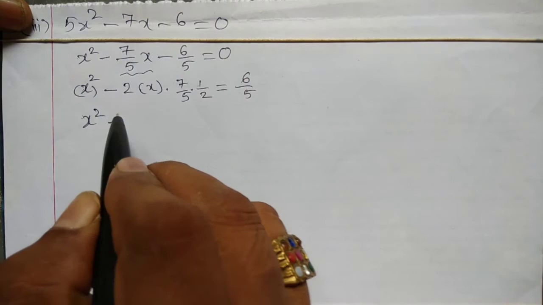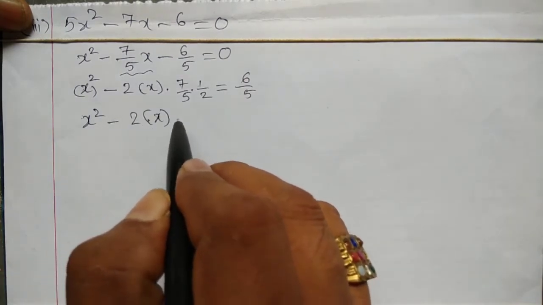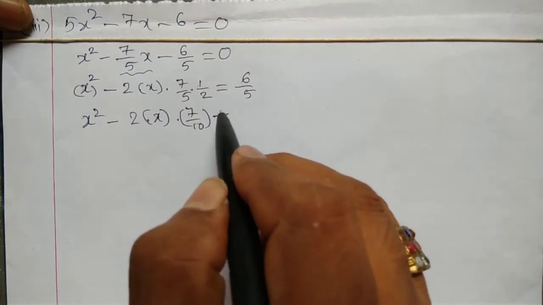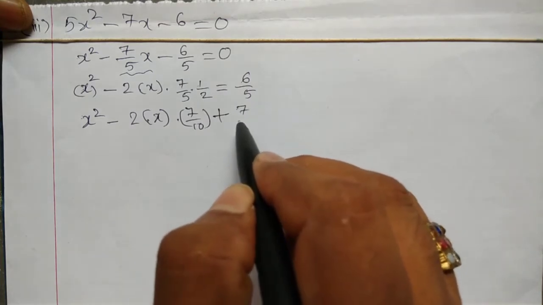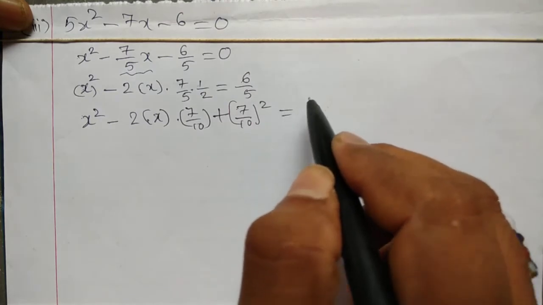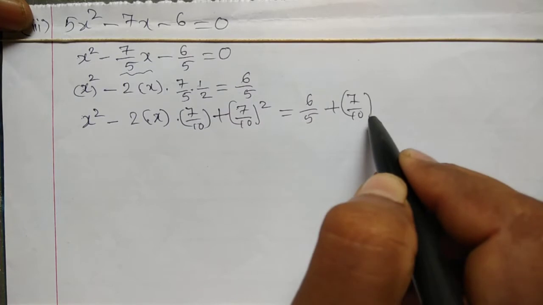x square minus a square minus 2ab, 7 by 10. Here there is no b square, that's why we have to add the b square term, 7 by 10 whole square, is equal to 6 by 5 plus 7 by 10 whole square.